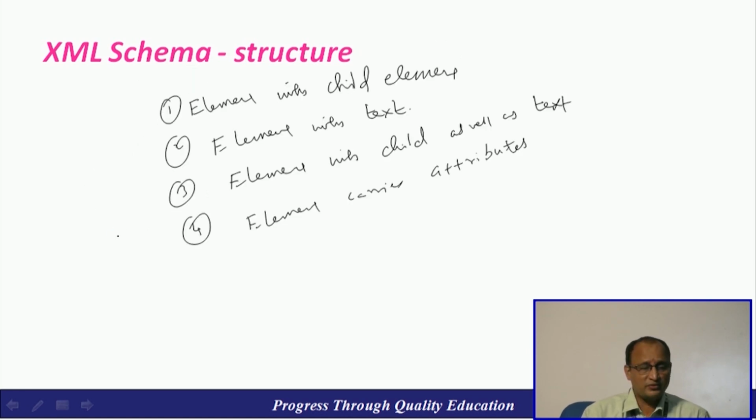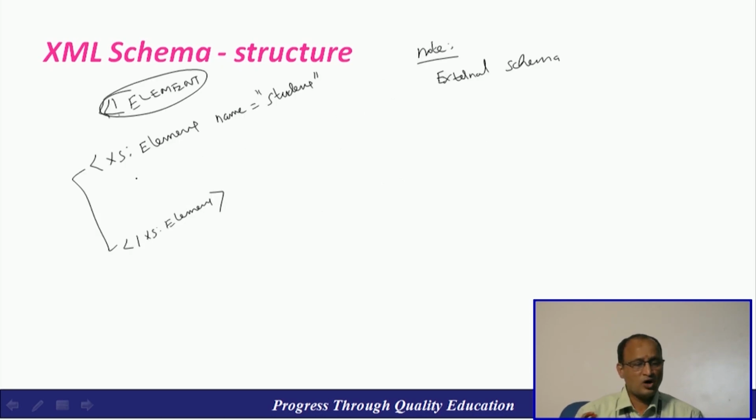As I have specified, whether we have an element with child element or an element with text, that we should know. For better understanding, I should start with the element which is carrying text. How to define an element which is carrying text? In DTD, we have used hash PCDATA.